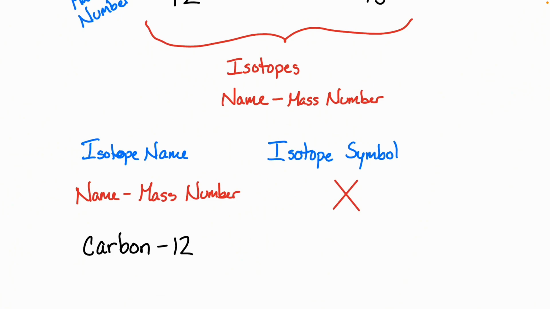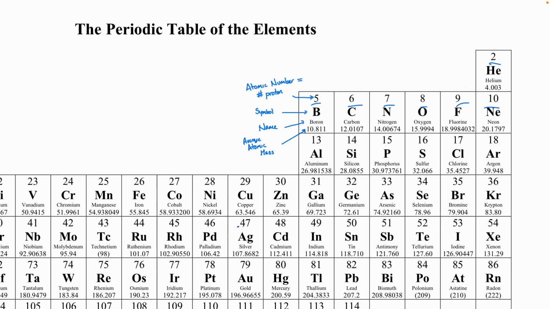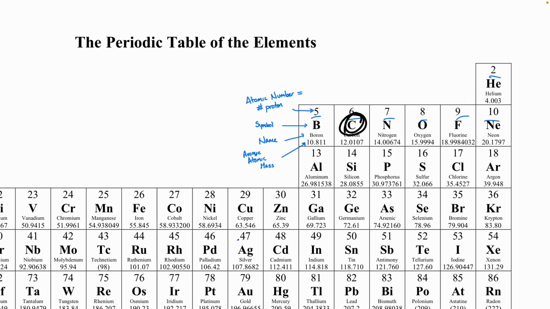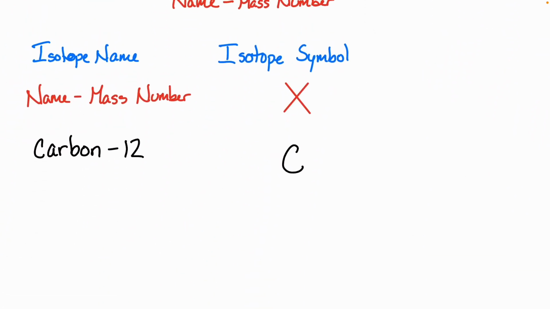In the case of carbon, that's the big C, from my periodic table, the uppercase C. And since we're referring to a specific isotope, we put its mass number in the top left corner. So carbon-12.